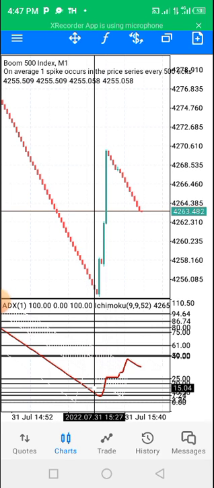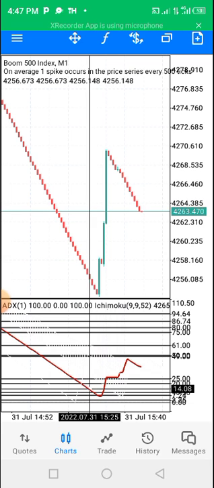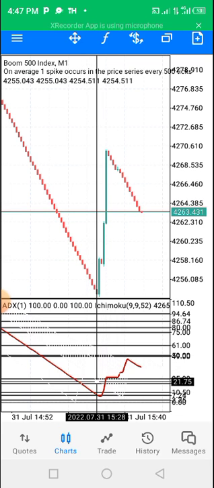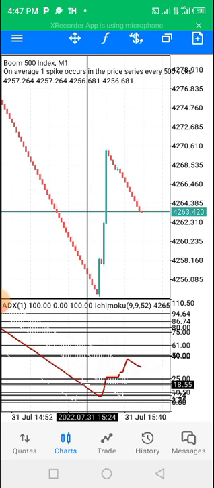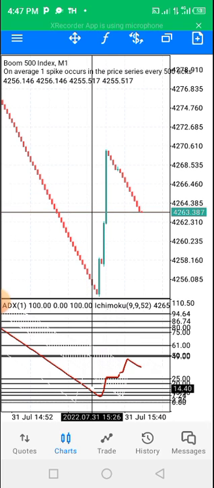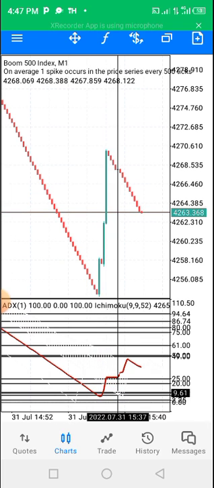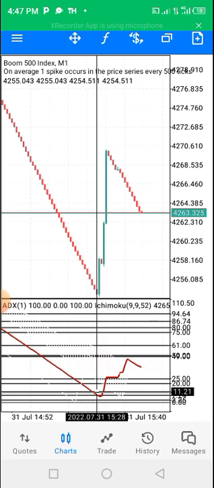Okay, that you buy. Okay, and when you buy, you hold and wait for the spike. Okay, I repeat again, when you see this red indicator here approaching the level 20, getting to the level 7.24 here, you place your trade, that's you buy.